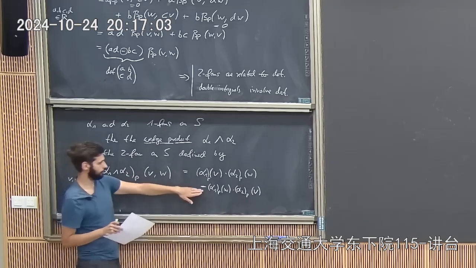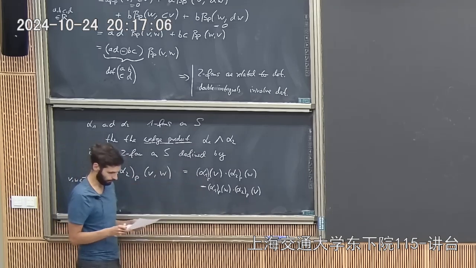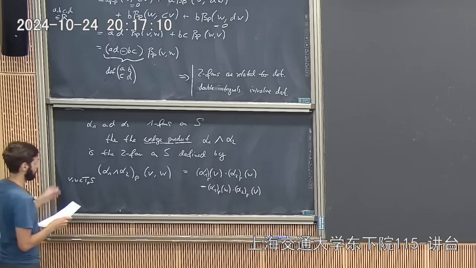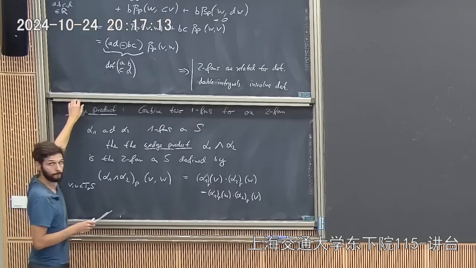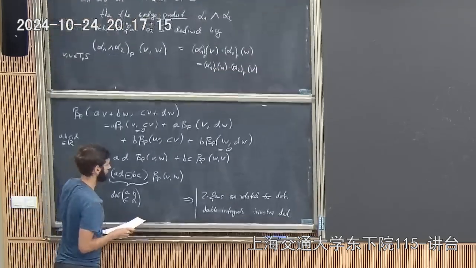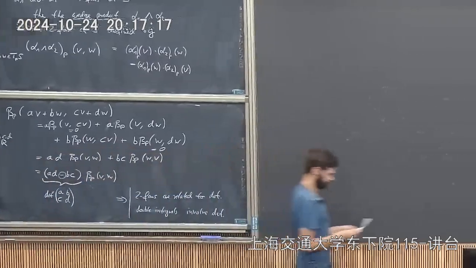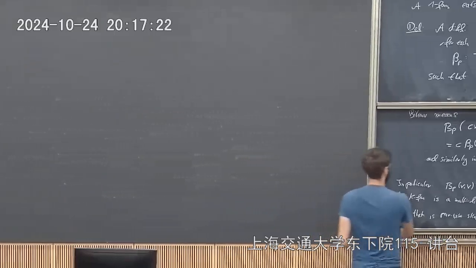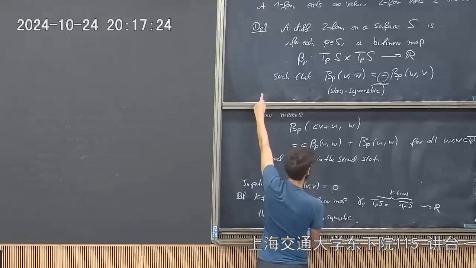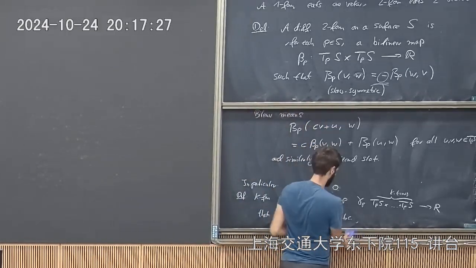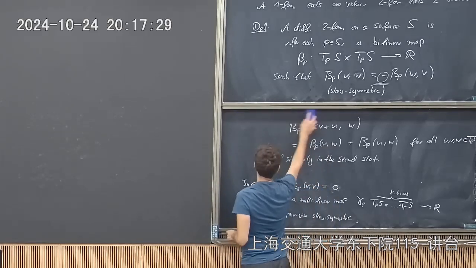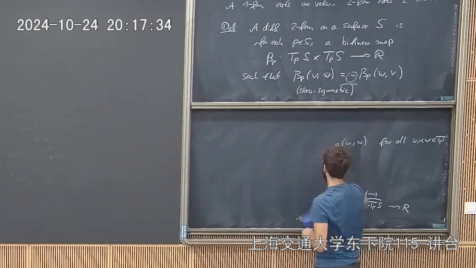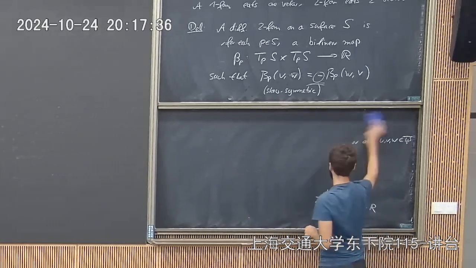So this expression here is just to force the antisymmetry. And you can check that it really satisfies this property that it's skew-symmetric, and because each of these arguments was already a one form, and so a linear map, the expression is linear in each of these operations.